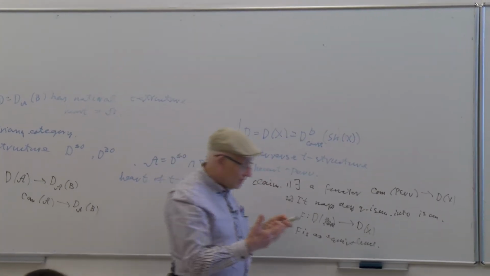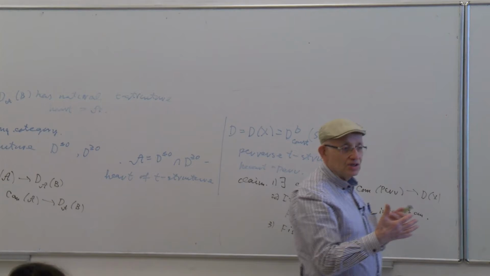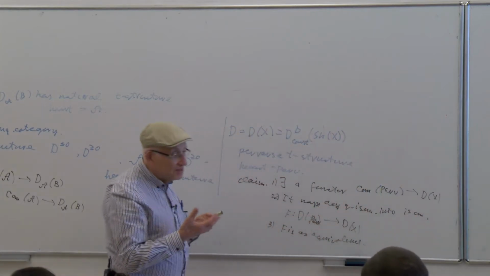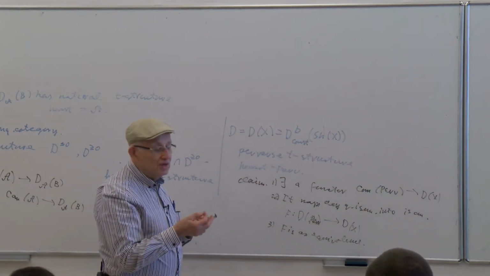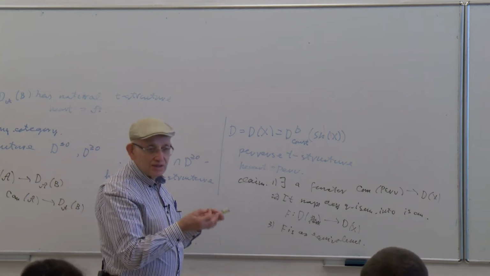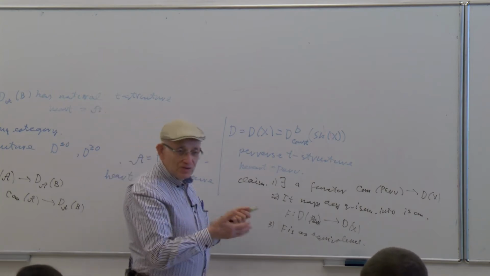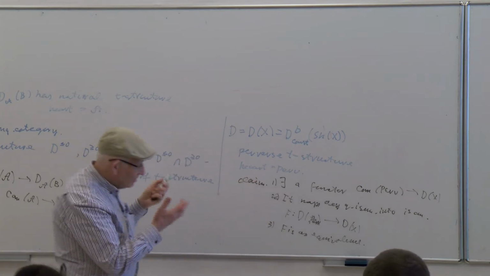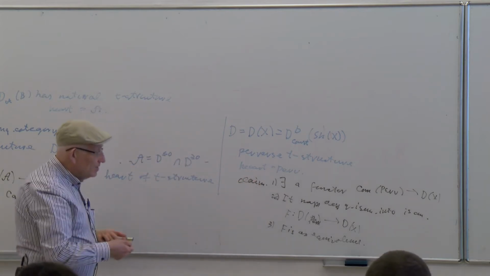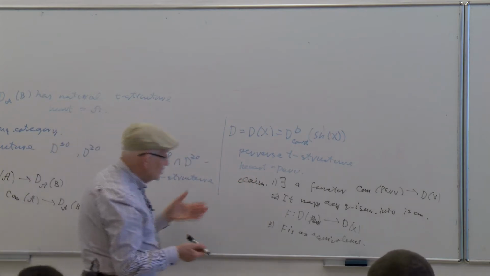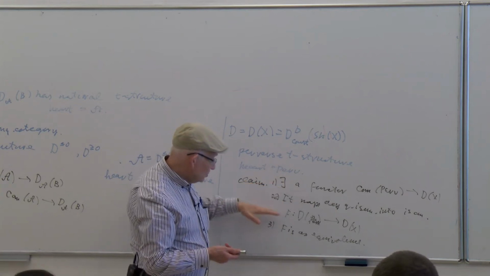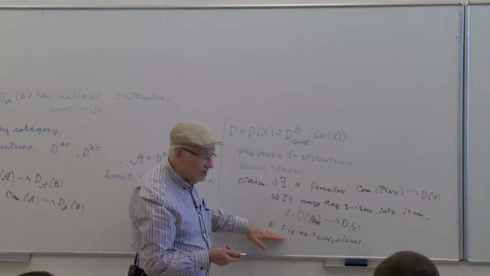And derived categories of something are better than general triangulated categories. You can use it, but so far there was no way to formalize it. So there is some standard way, which I will probably discuss at some moment. So these statements are easy, and this statement is difficult.